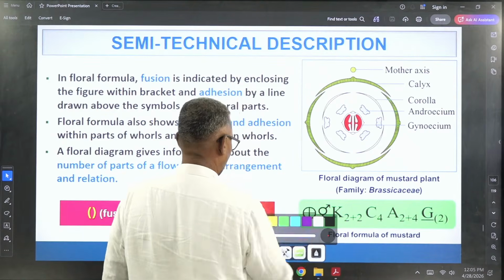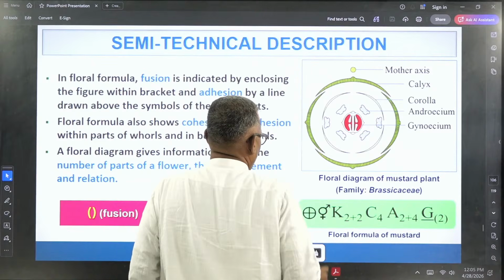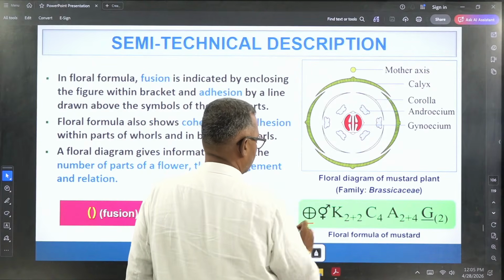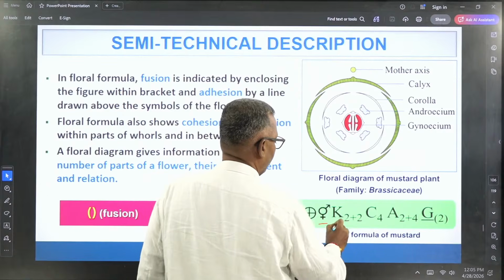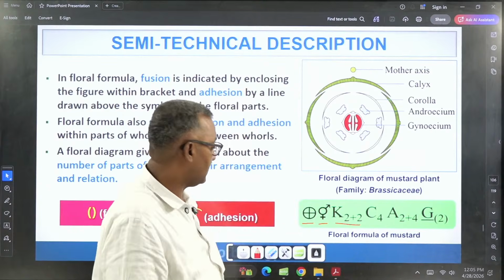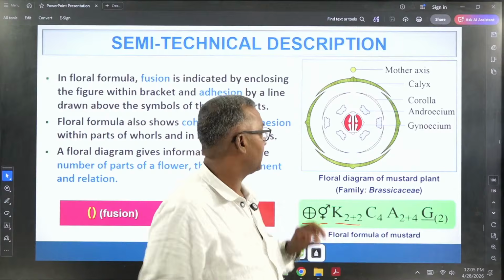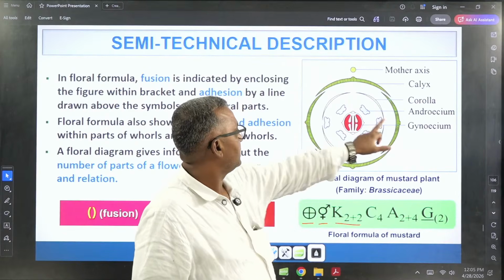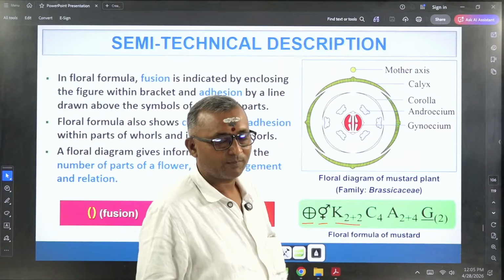K2 plus 2. K2 plus 2 in the sense here there are 4 sepals present in 2 whorls. Now this is one whorl, this is another whorl.